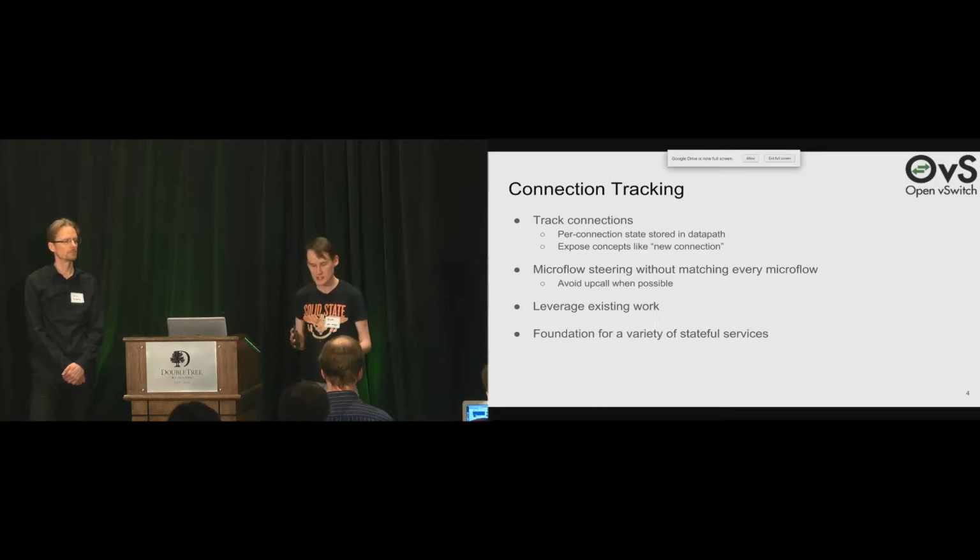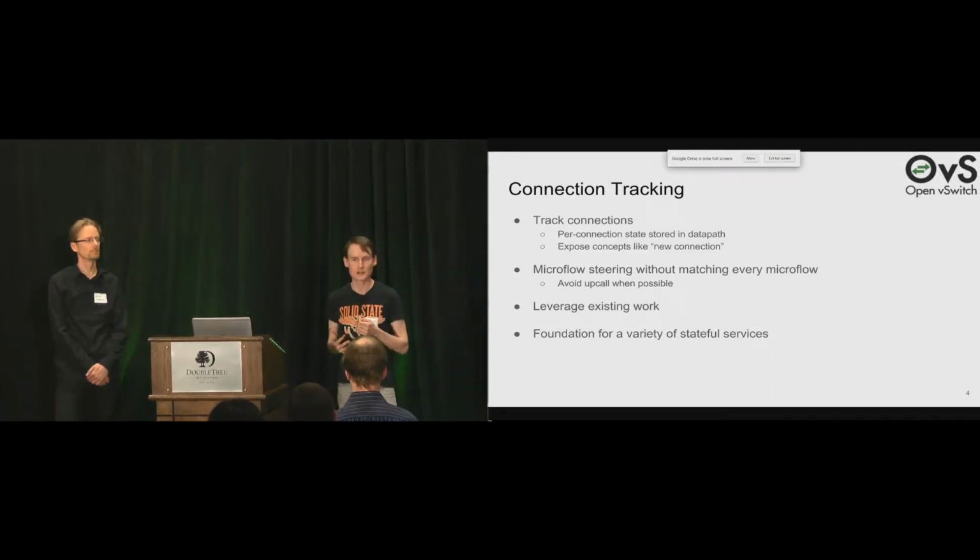And so what this allows us to do is to really steer the microflows, if you will, differently based on a policy like whether it's new or established, rather than actually explicitly matching on the IP addresses, the ports, or the TCP flags.